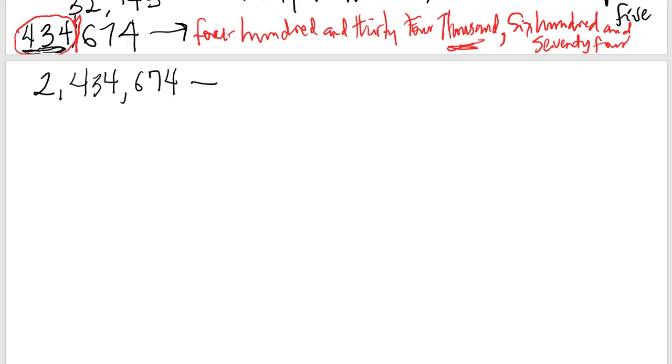Okay, so this will be read as 2. Remember, this is units, tens, hundreds. This all together is 1,000, but you can now see hundreds of thousands. Okay, then you now move on to millions. So this is 2 million.